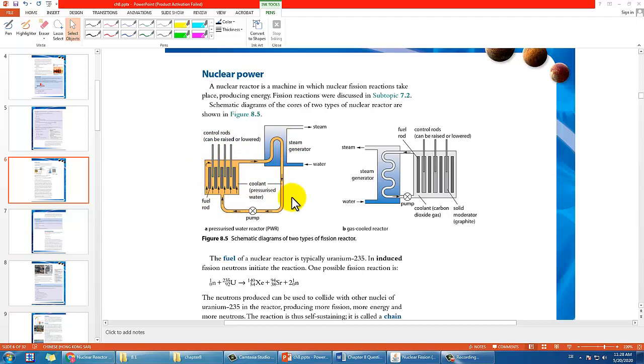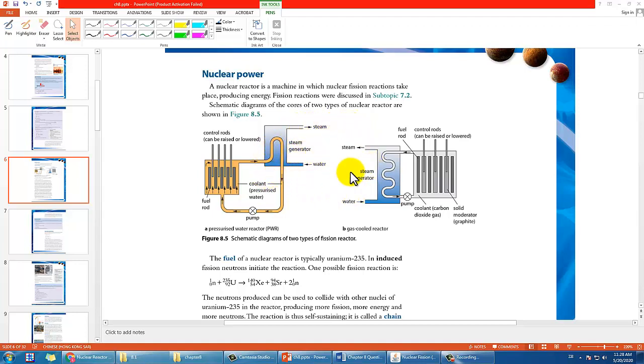In the orange area in this picture, there will be water carrying that thermal energy to the steam generator. In the steam generator, there will be some water to absorb that thermal energy, and with enough energy, it will turn into steam, and the steam will run through the turbine.